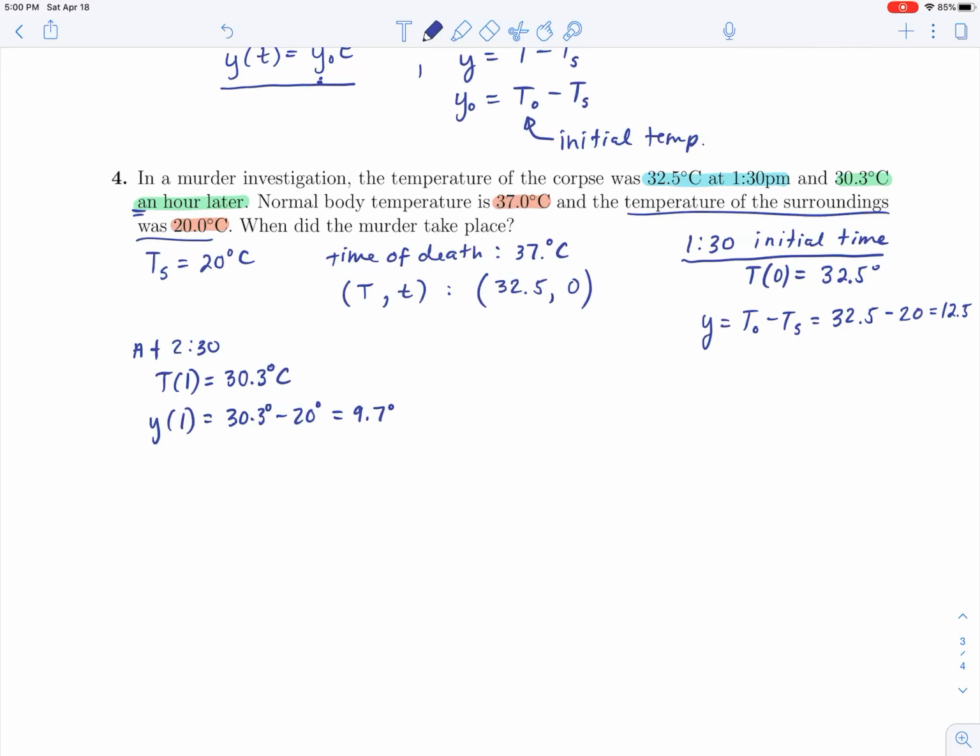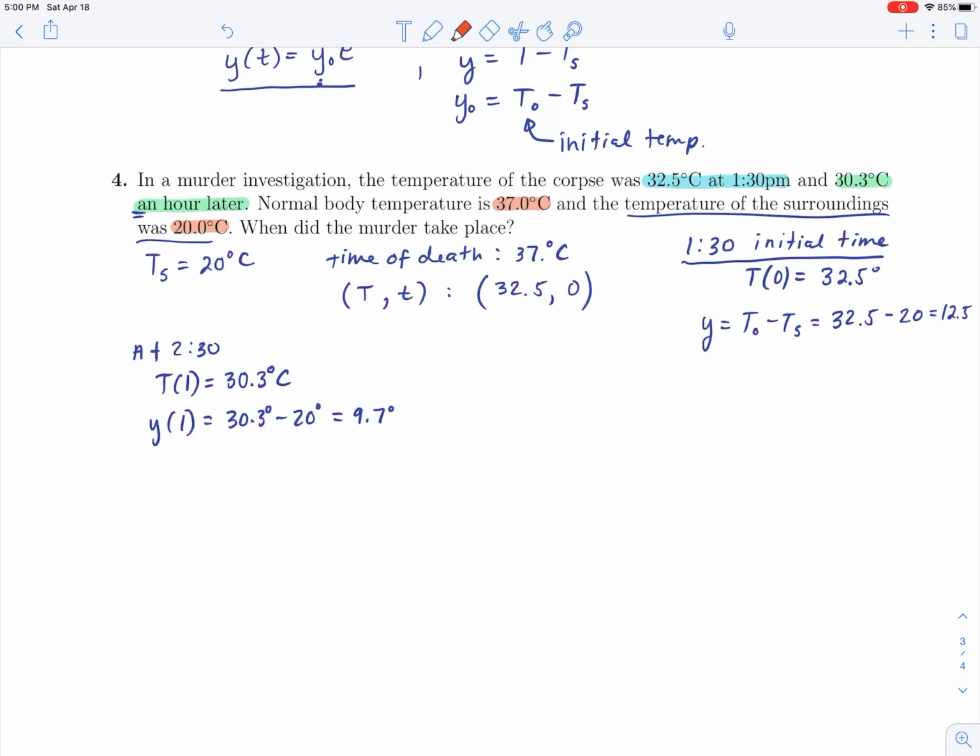Okay, so let me go back up here really quickly because I think this wasn't just Y. This was actually Y naught. And let's see if we can put our stuff together.